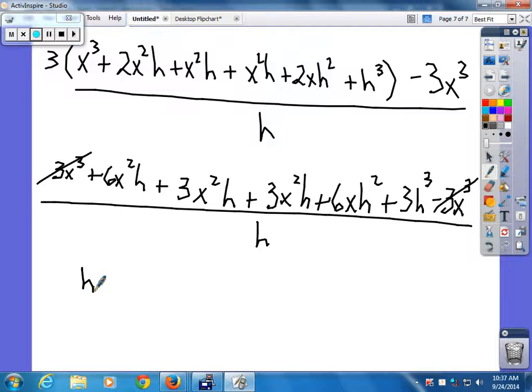H, and that's going to give you 6x squared plus 3x squared. Just making sure that I did that right. Plus 3x squared. All three of those terms are the same?